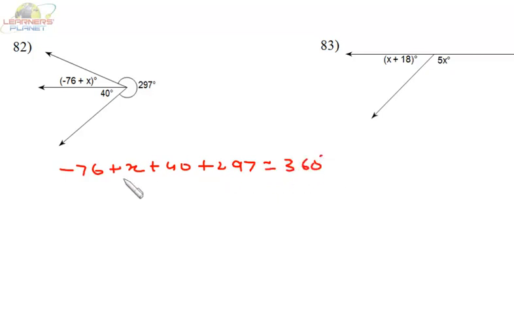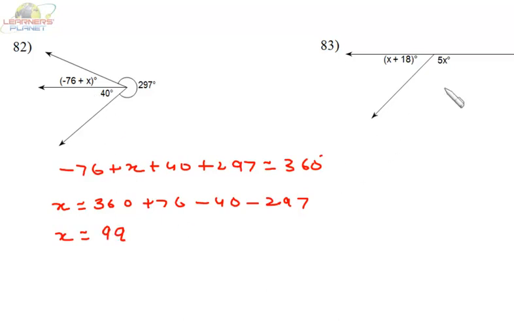Okay, now we have to find out the value of x. So x will be 360 plus 76 minus 40 minus 297. So it is 99. Okay, so the value of x in this is 99 degree.